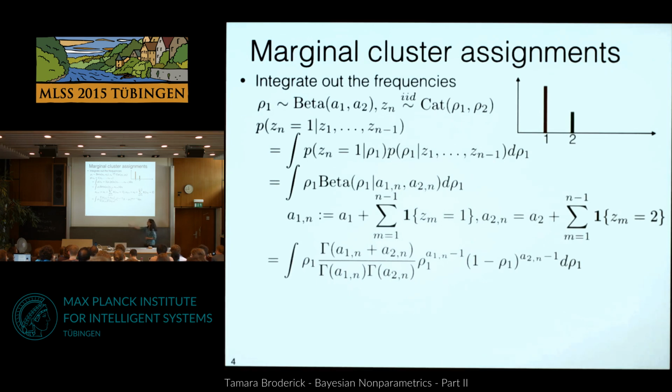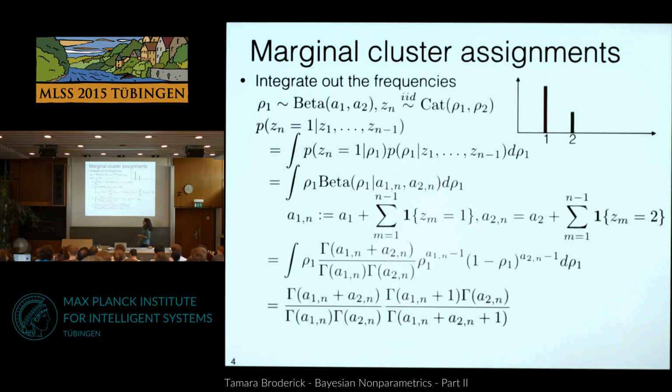So we can take this normalizing constant out, because it doesn't depend on rho 1, which is the thing we're integrating over. Then what's left is an unnormalized beta, so we put in the reciprocal of its normalizing constant.